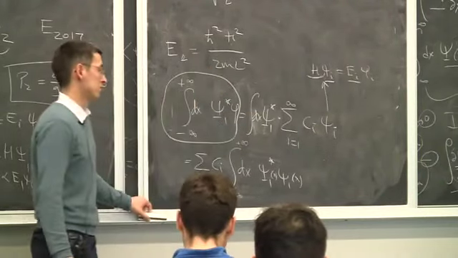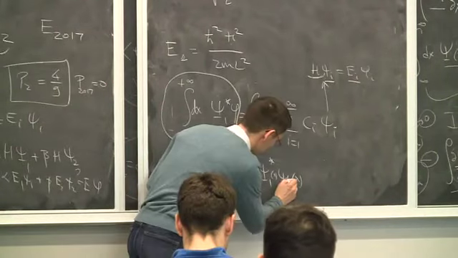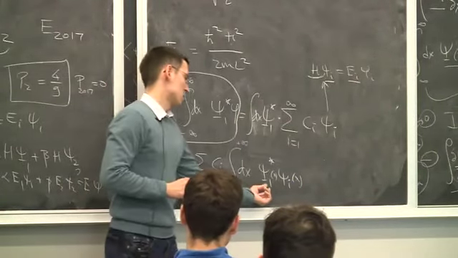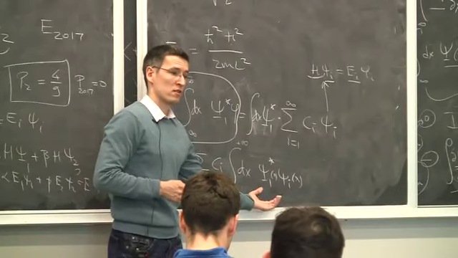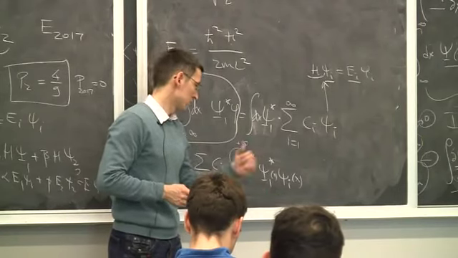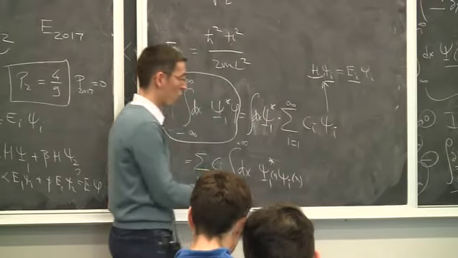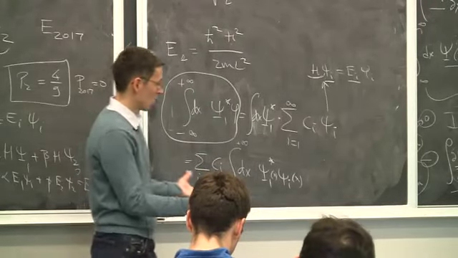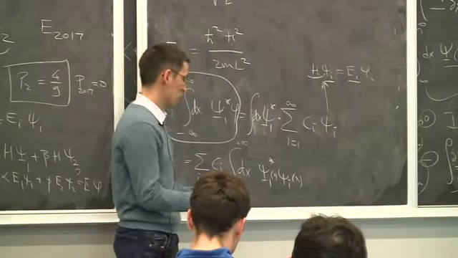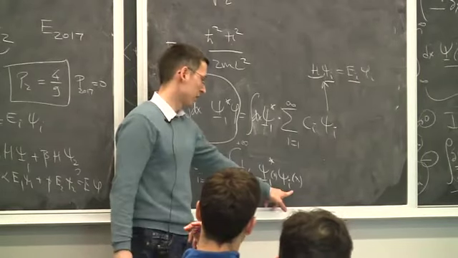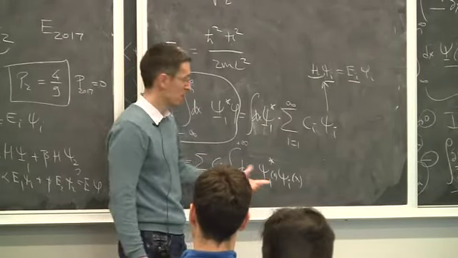And now these are orthonormal functions, right? So then these integrals will be all 0, and only one of these integrals will be 1, when i equals 1, right?